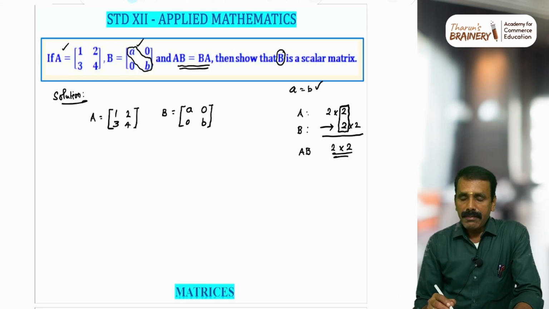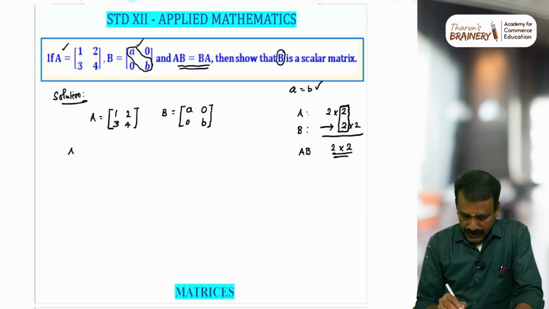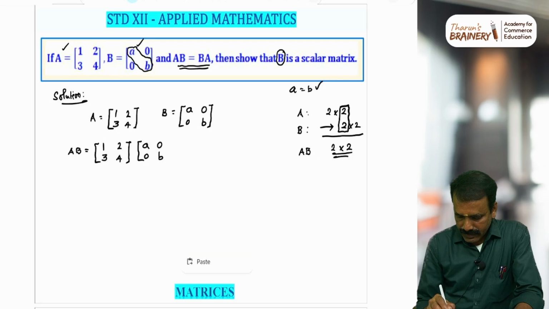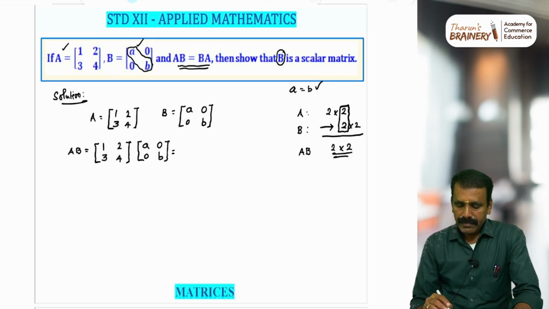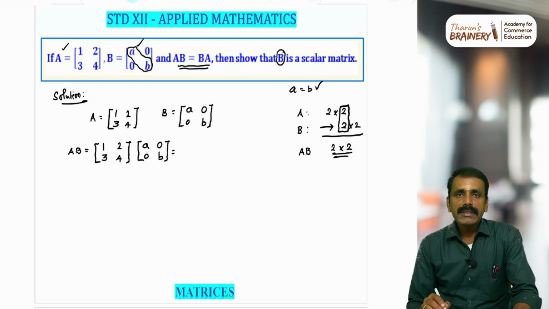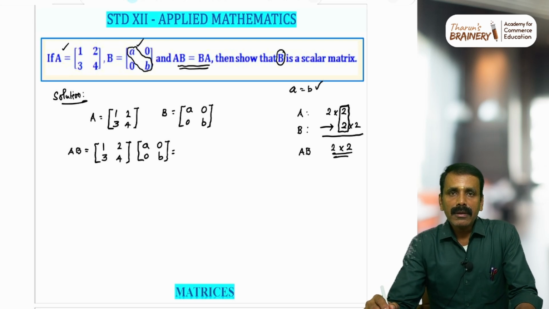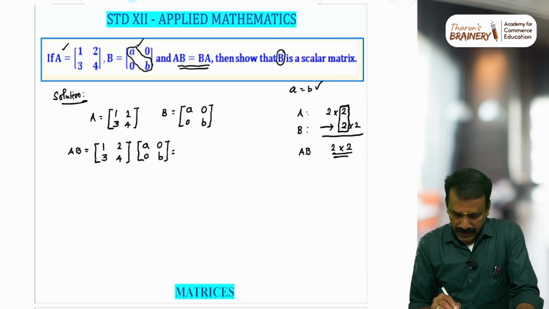So first we find the AB matrix. 1, 2, 3, 4 is going to be multiplied with a, 0, 0, b. How to find the product of these two matrices? The row element should be multiplied with the column elements. So row is multiplied with the column. So first multiply first row with the first column.